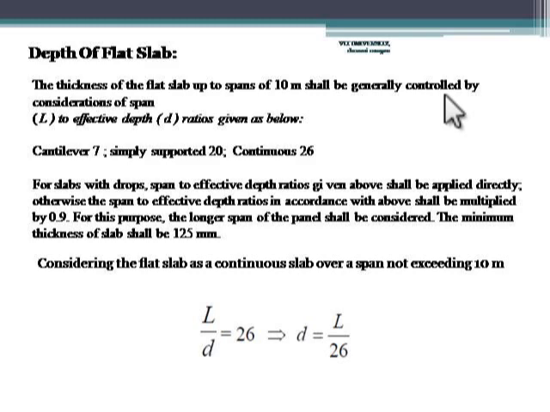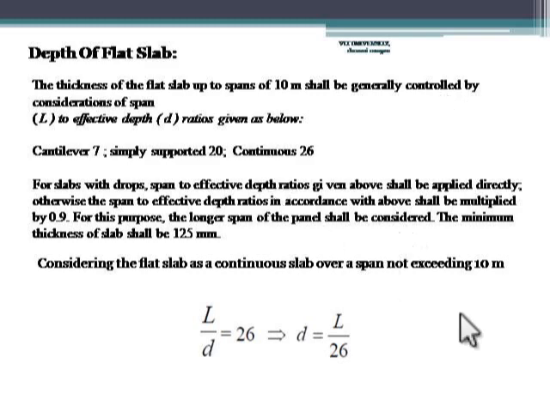For flat slab with drop, the span to effective depth ratio given above shall be applied directly, otherwise the span to effective depth ratio in accordance with above shall be multiplied by 0.9. For this purpose, the longer span of the panel shall be considered.